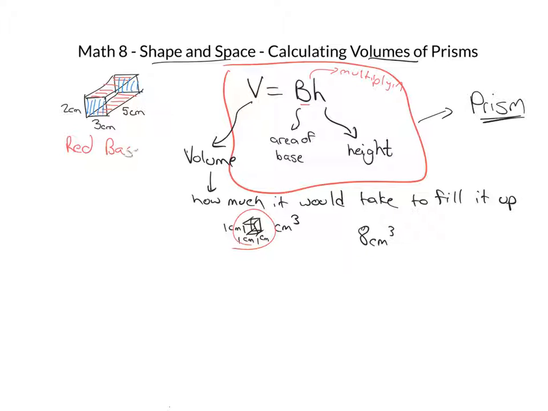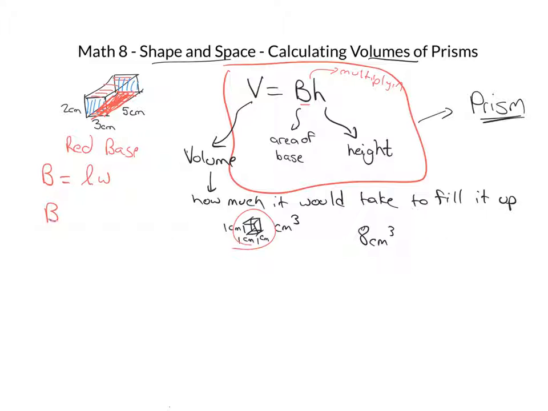So the first thing I need to do is calculate the area of the base. If I'm doing this for the red piece here, I need to ask myself, how do I calculate the area of that shape? Well, what shape is this? This is a rectangle. And a rectangle's area is length times width.